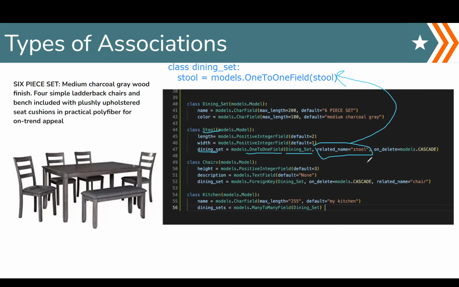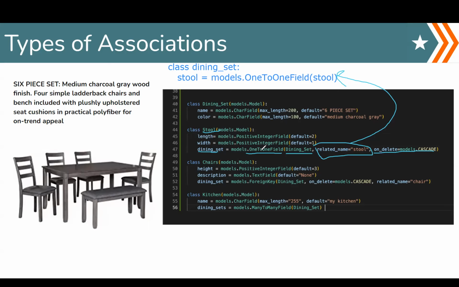And then the last bit that's kind of important here is the on_delete. What this basically says is if I'm deleting a dining set class, I also need to delete the dining set field associated with that stool, and vice versa.